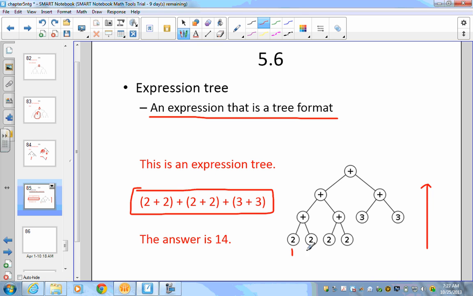Working with the leaves, if you remember, those are the things I'm marking with the dash right here. And if you notice, all the parents have operations. So 2 plus 2 gives you 4. 2 plus 2 gives you 4 again, which 4 plus 4 gives you 8. And then 3 plus 3 gives you 6. And then 14 for your final answer.